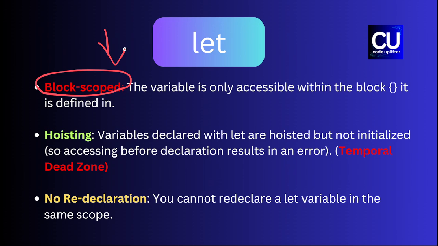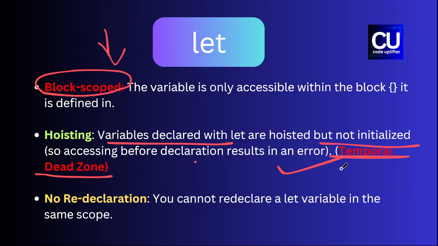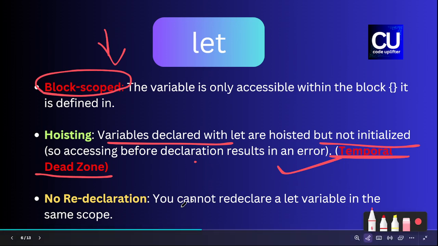Hoisting: let is also hoisted, the declaration is hoisted, but not initialized with undefined. So this results in an error if you try to access it, and this pattern is called the temporal dead zone pattern. Try to remember the name. Sometimes it is asked in interviews. You should be aware of this term.